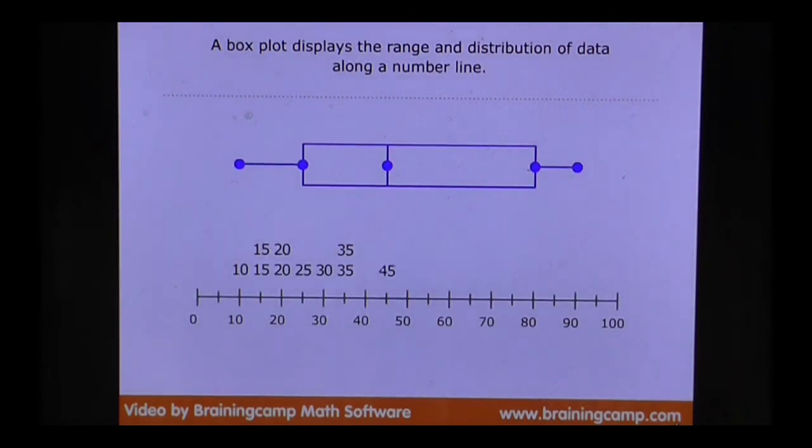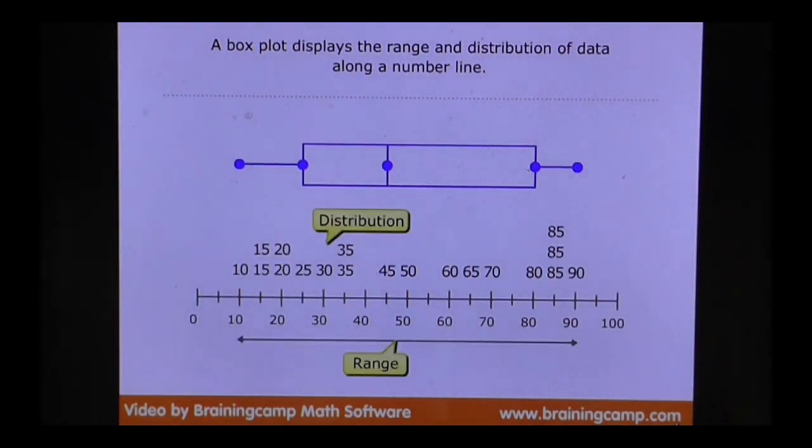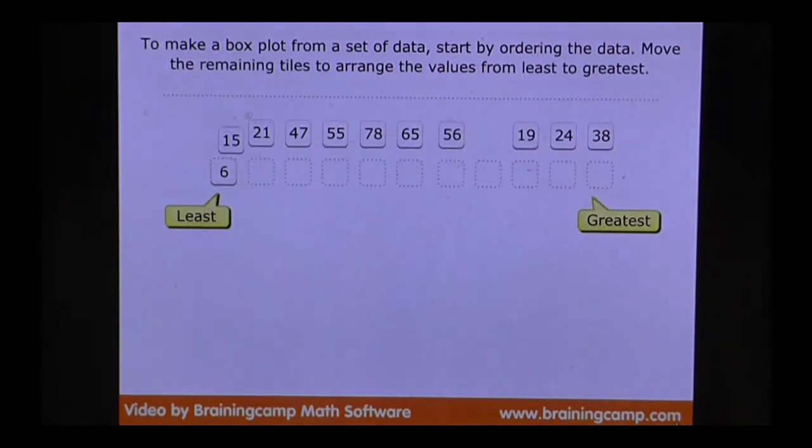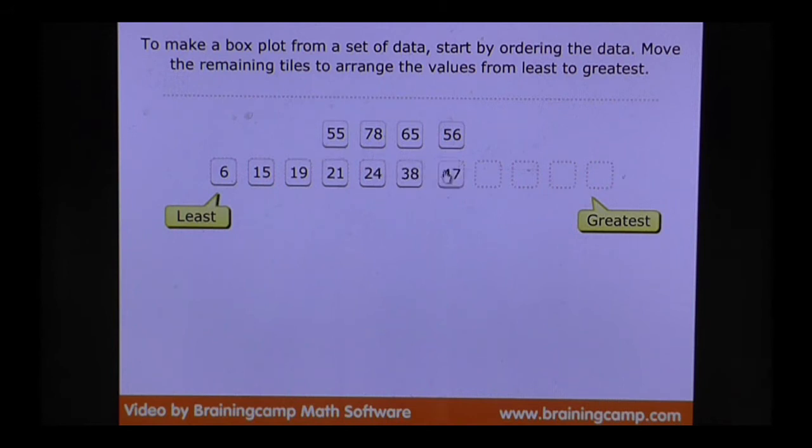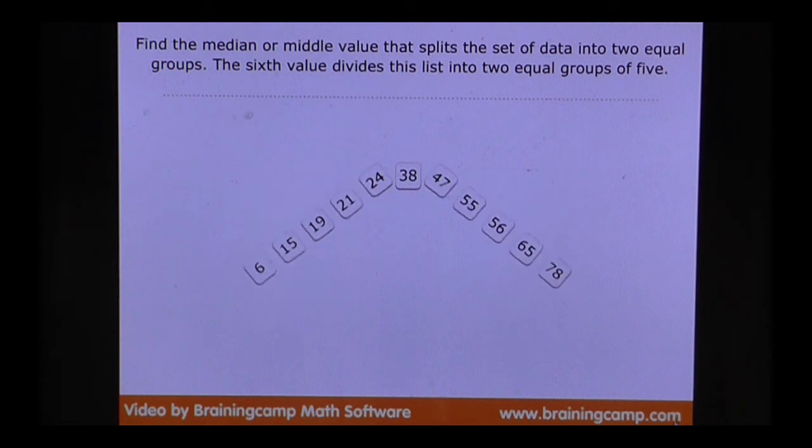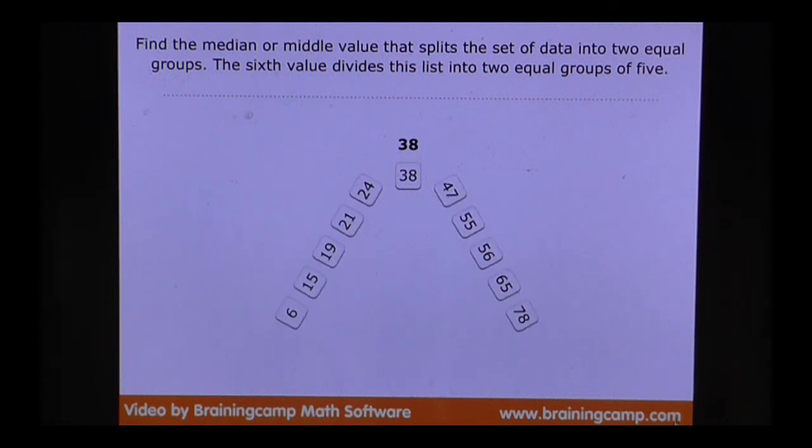Find the median or middle value that splits the set of data into two equal groups.